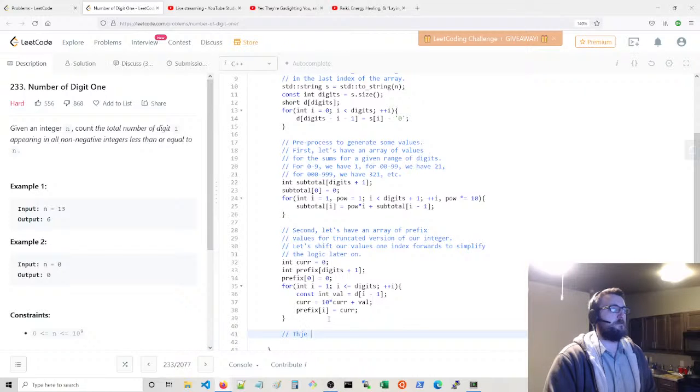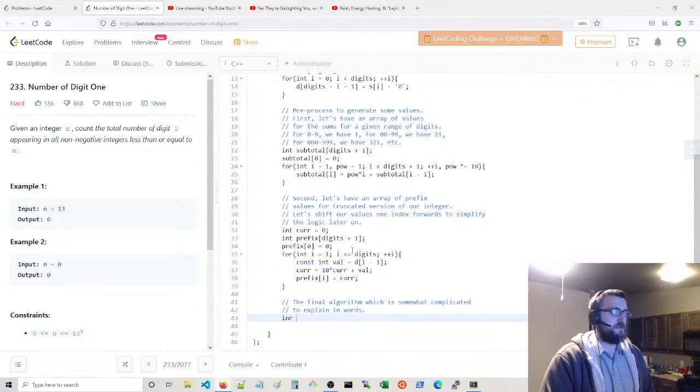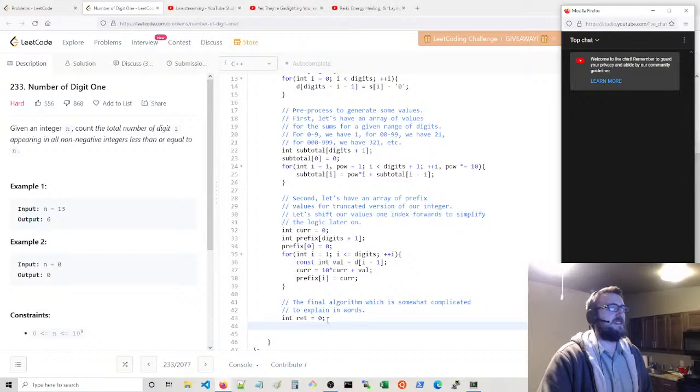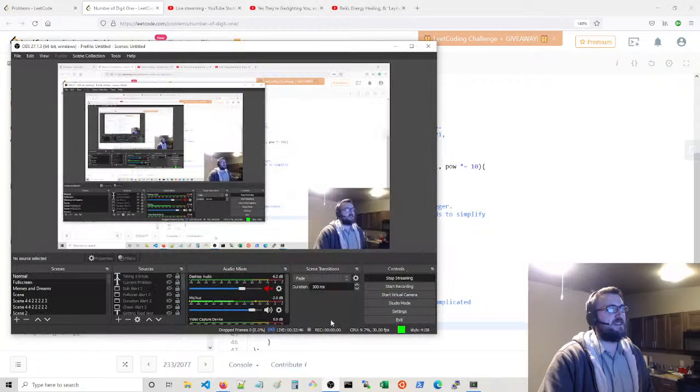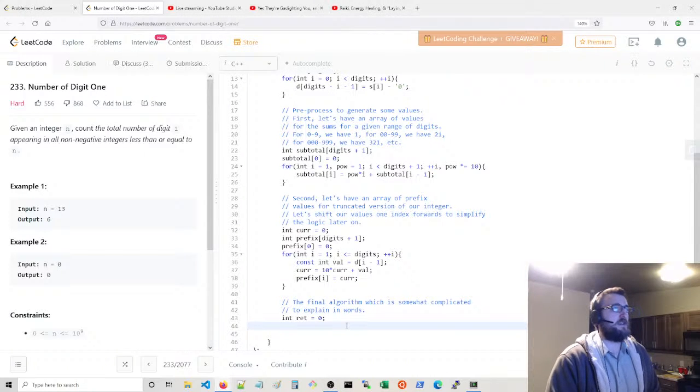Final algorithm, which is a little bit complicated to explain in words. How are we doing? Yeah, we probably need to have at least 10 minutes left of this. So we're going to say process digit by digit.